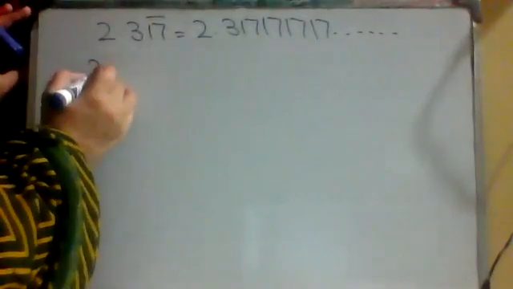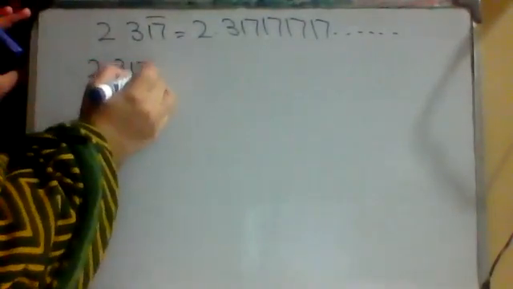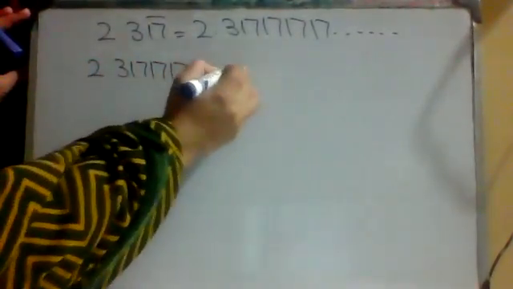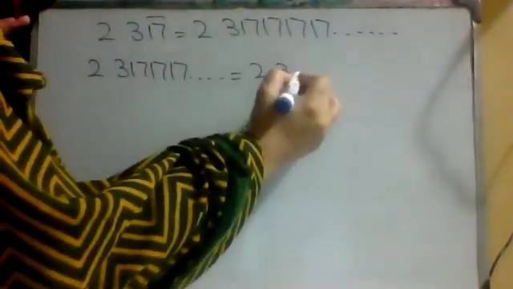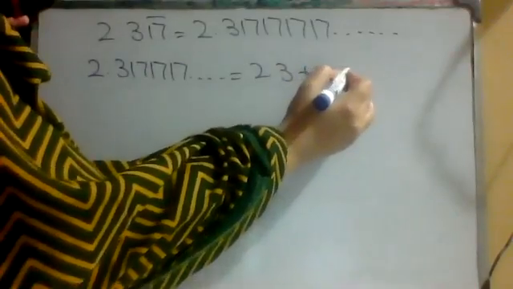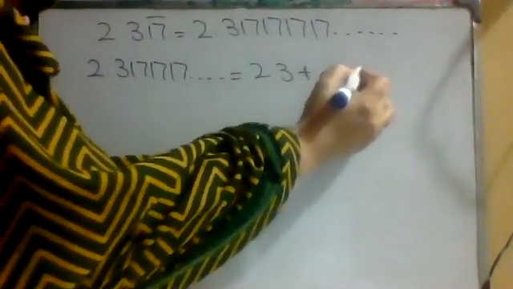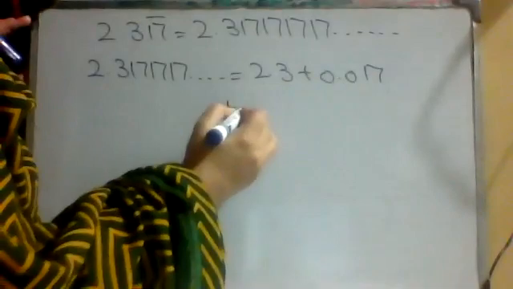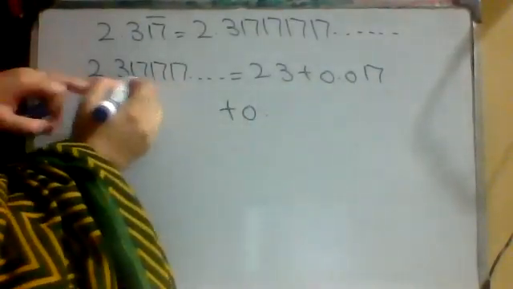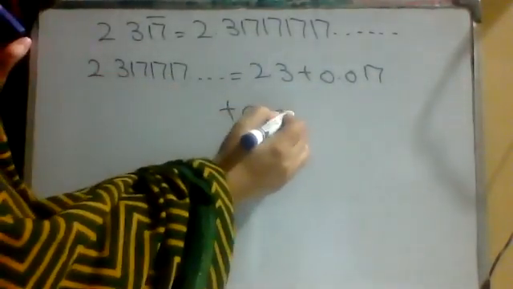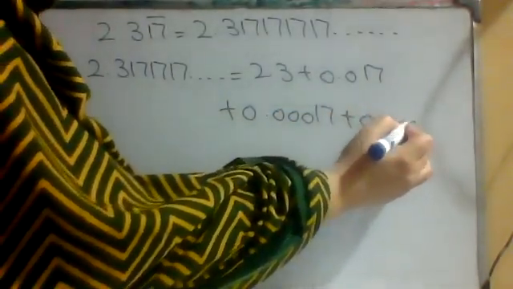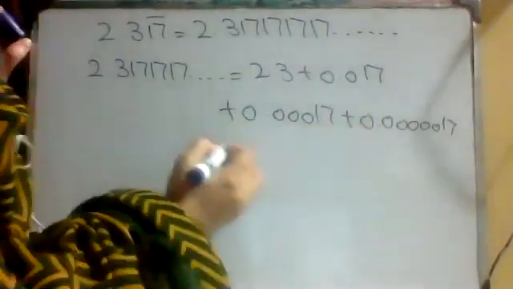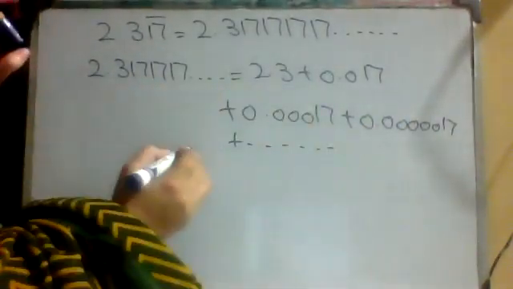So I will write 2.3171717 and so on as 2.3 plus 0.017 plus 0.0000017 plus 0.000000017 and so on.